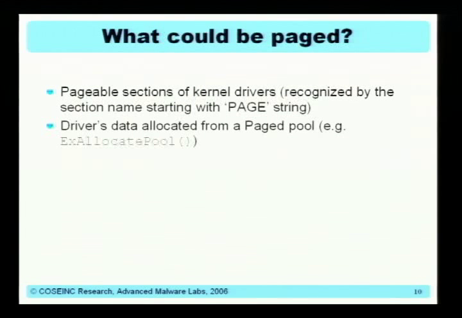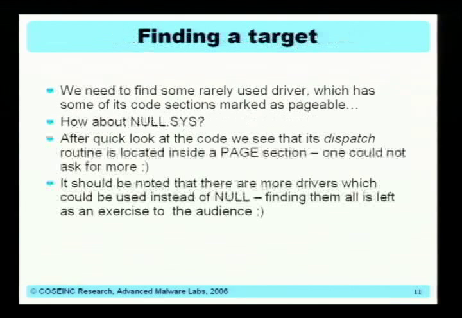And what could be paged as far as kernel mode is concerned? First, we can have all the pageable sections of kernel mode drivers, and the pageable sections are recognized by the fact that the first 4 letters of their names are PAGE. And also we can have data which was allocated from paged pool. They can also be paged out to the page file.